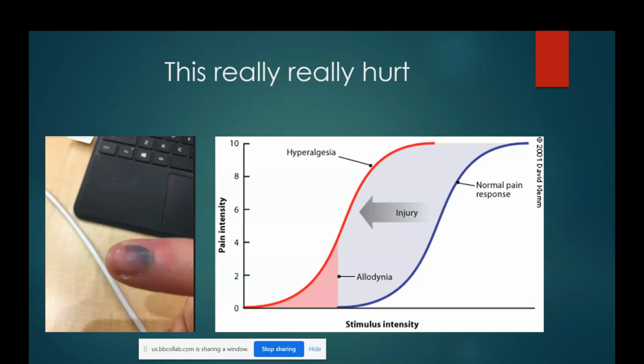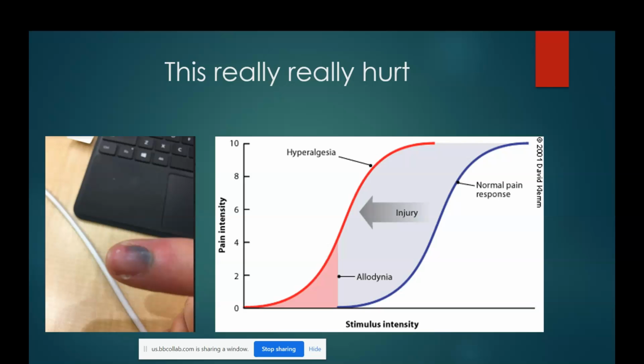What I mean by that is normally if I squeeze my finger right now, I'm not experiencing pain. But when I was already in a state of pain, when I squeeze my finger, that is going to hurt a lot more than if I wasn't in pain.